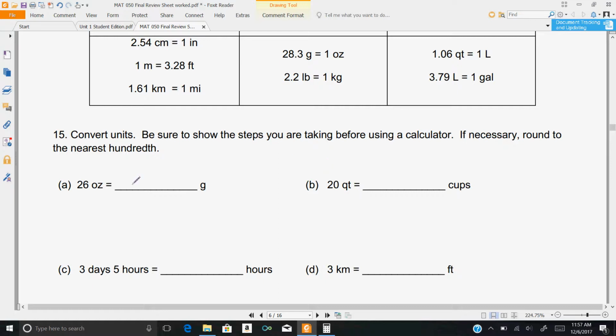So I need to convert ounces to grams. So if I come back here, I know I have 28.3 grams for every ounce.